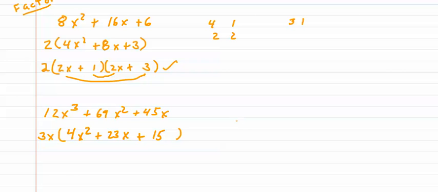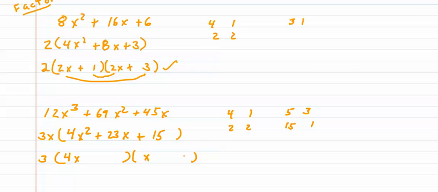Now my choices for 4 again are 4 and 1, 2 and 2. My choices for 15 are 5 and 3, and 15 and 1. So now we're going to try to factor this. I can start with 4 and 1, 4x and x.